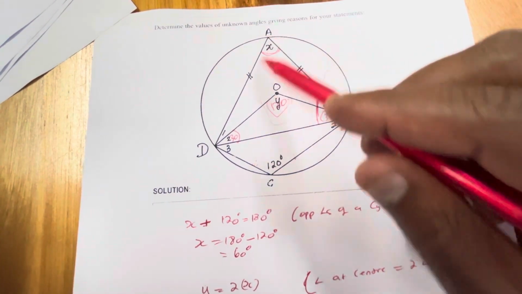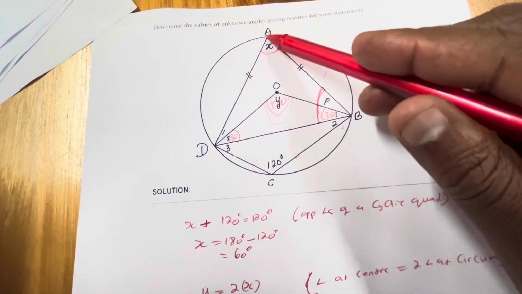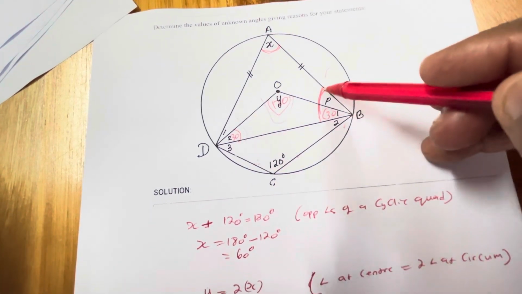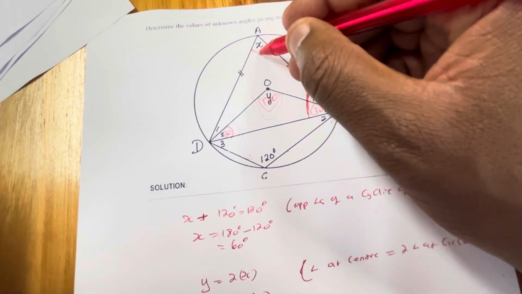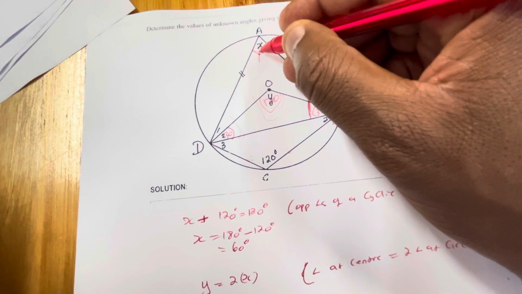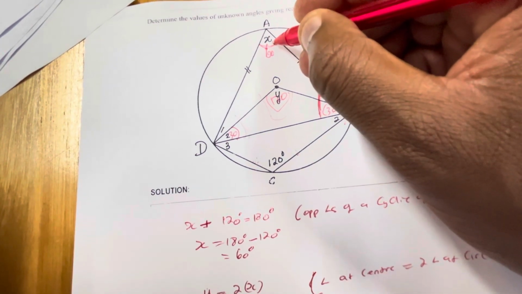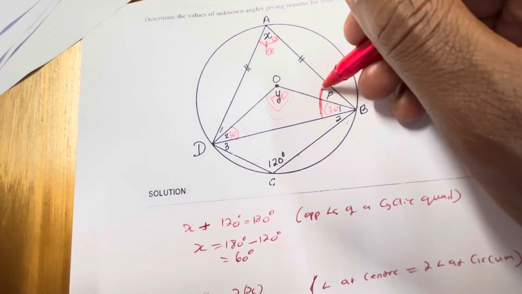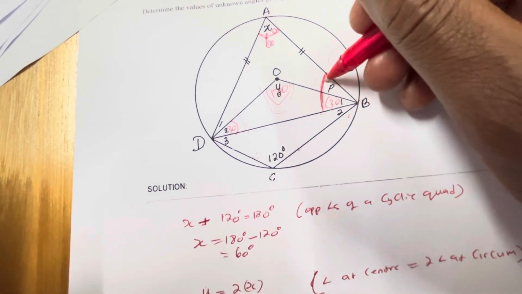This side AD equals AB. So if these two sides are equal, it means these angles are equal as well. And then we're told that this is 60 degrees.